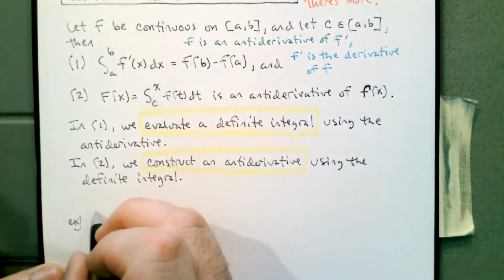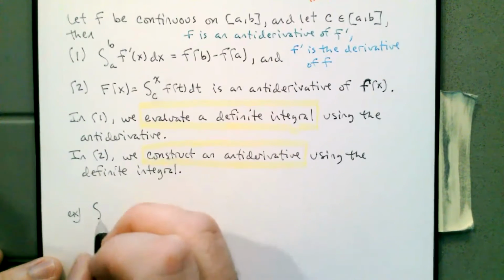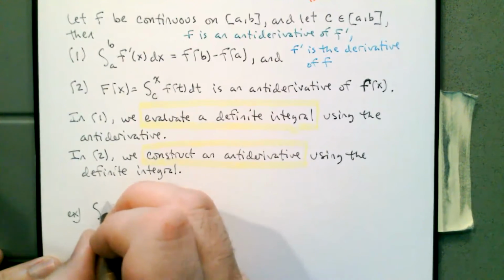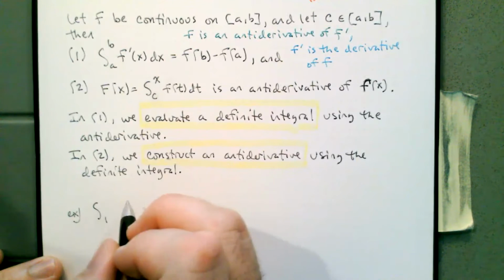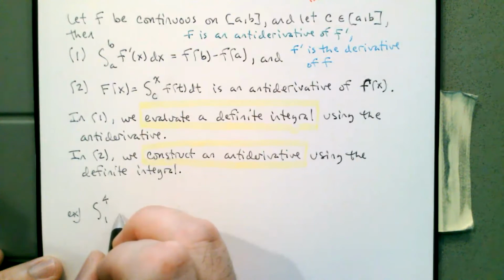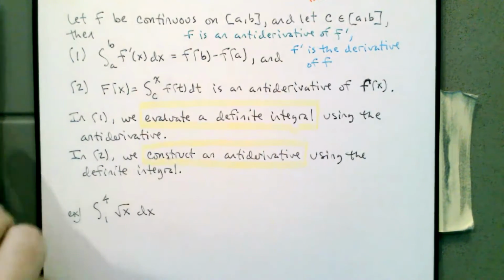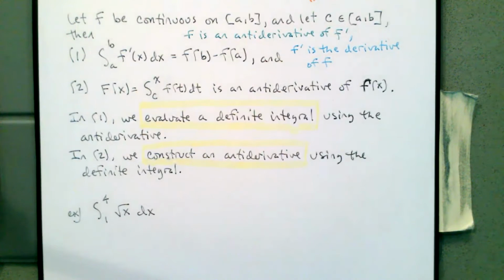So if we want to evaluate the definite integral from, let's say, 1 to 4 of the square root of x dx, when I write this definite integral down, we want to evaluate it.